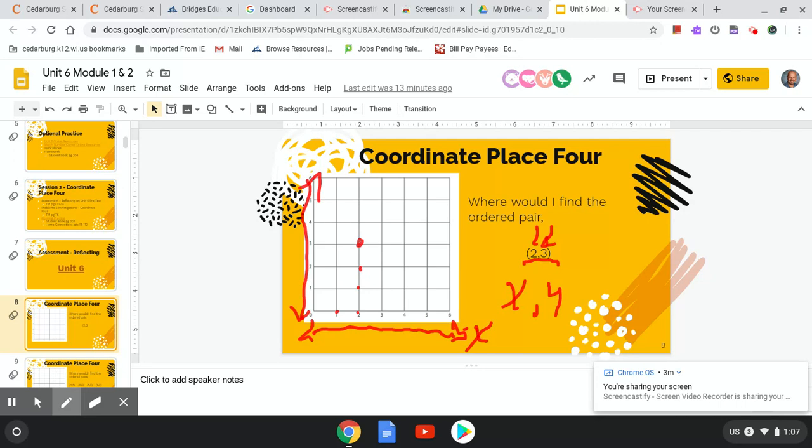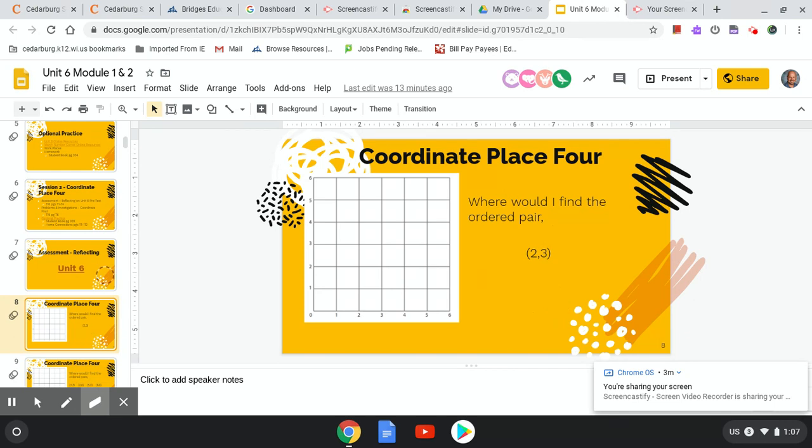So our ordered pair 2, 3 is located right there on our coordinate graph. We've been doing a lot of work with coordinate graphing, so this should not be new to you. We have done it in various lessons in different units, as well as in number corner stuff.